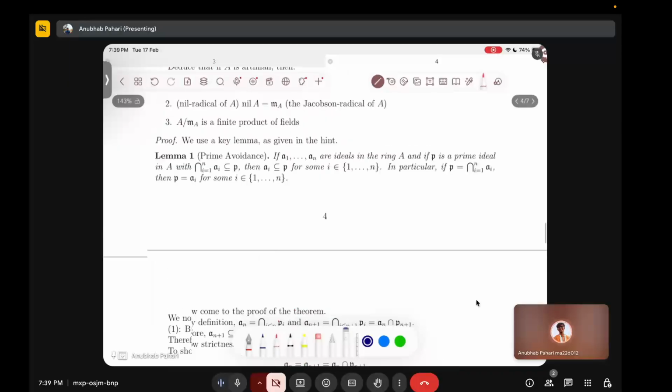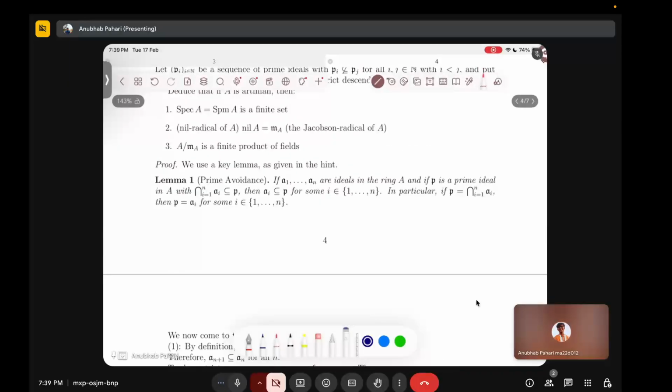Now we use a key lemma. It is standard in all the textbooks, specifically in the first chapter of Atiyah-Macdonald, I think, or the third chapter. What it says is that if A1 through An are ideals in the ring A, and if P is a prime ideal in A such that the intersection of all the ideals is contained in P, then some Ai has to be contained in the prime ideal.